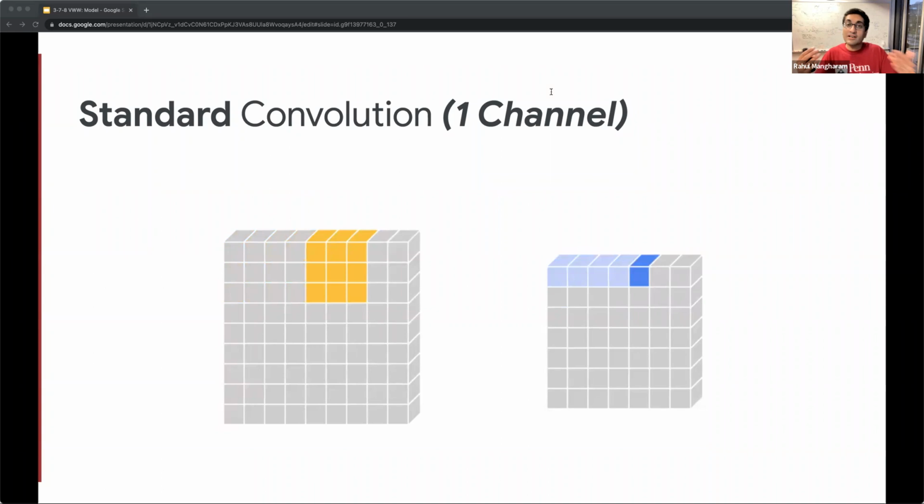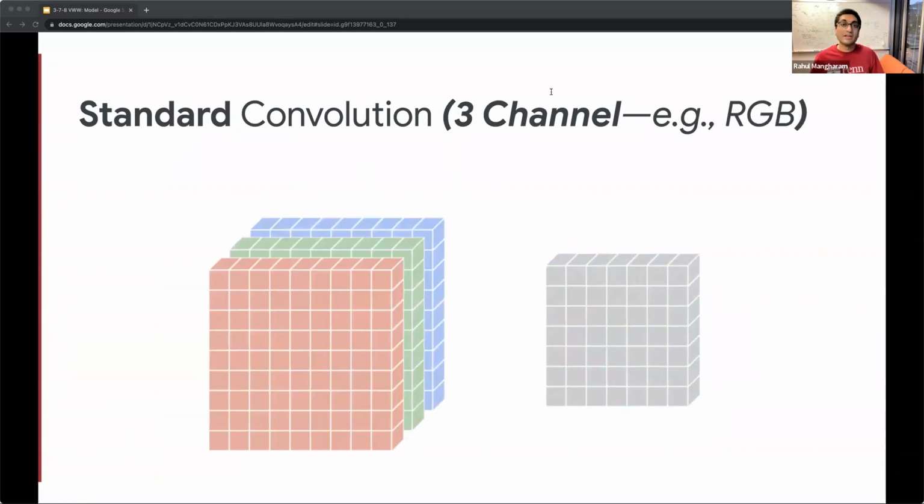If you look at a standard convolutional operator, you've got a filter, the yellow here, scanning through the original input image on the left, and producing the corresponding blue pixel on the right from the set of pixels you're looking at on the left. If I have a 3-channel RGB image, a 3x3x3 filter scans over all those different channels at the same time and outputs a single point.